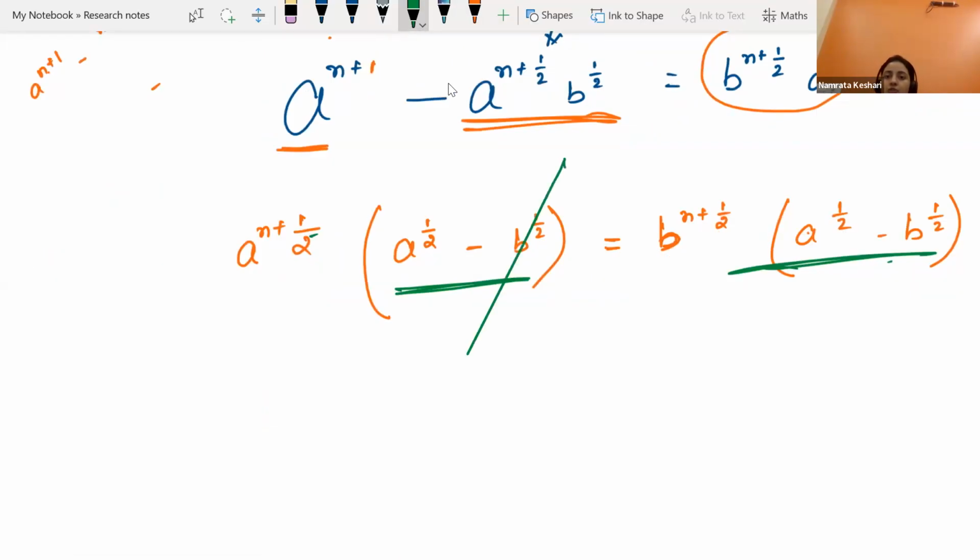Can we say that these two will get cancelled out with each other? Yes, ma'am. Since it is multiplication, they will get cancelled out. Can we say that, Ali and Alina? Yes, ma'am.